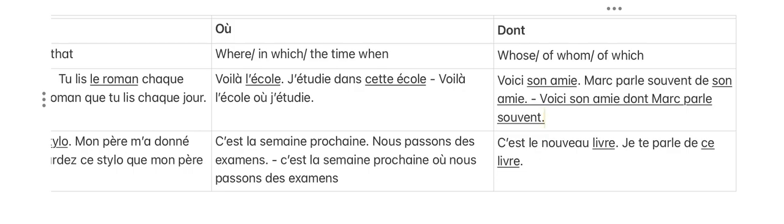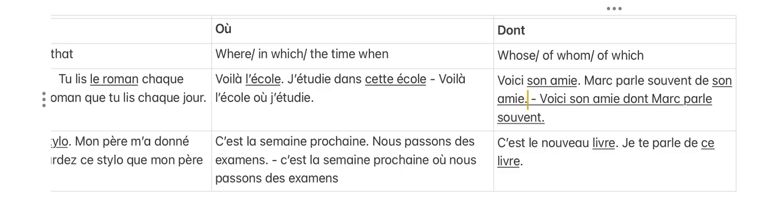Another good hint to use the simple relative pronoun dont is to look out for the preposition de. So if we observe, like in this sentence, Marc parle souvent de son ami, the preposition de precedes the repeated word, that is son ami in this case.